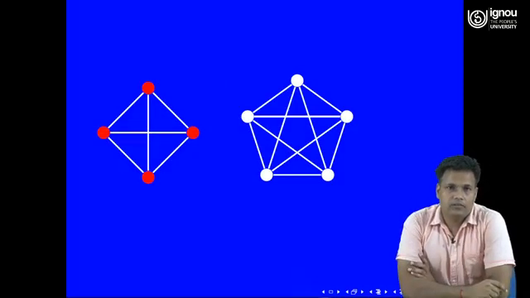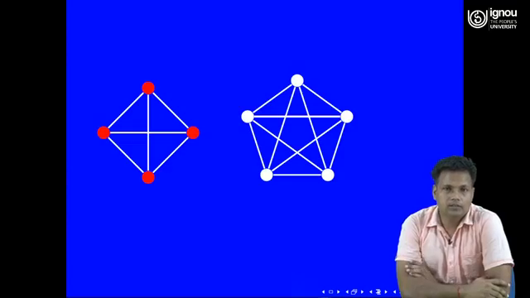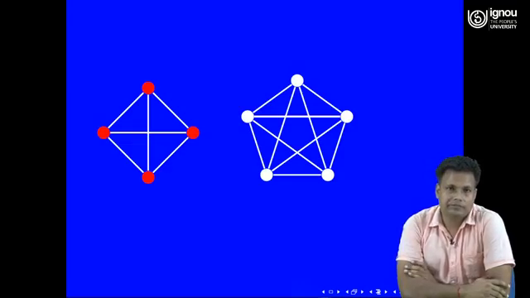Now look at these graphs. The graph on the left has all vertices odd, that is, it has 4 odd vertices. On the other hand, the graph on the right has no vertex of odd degree. That means it has no odd vertices. That is, it has 0 odd vertices.